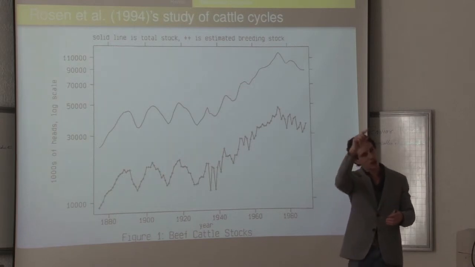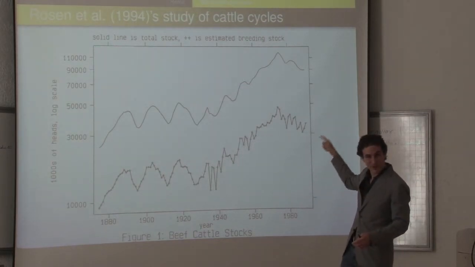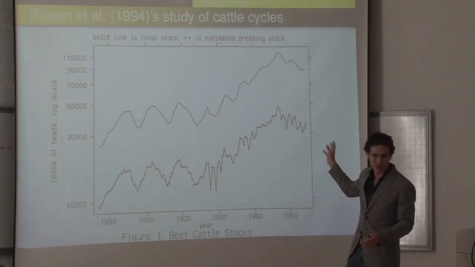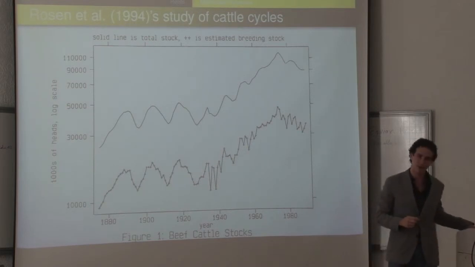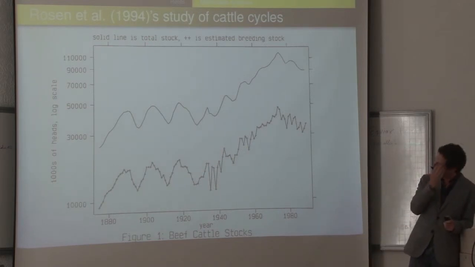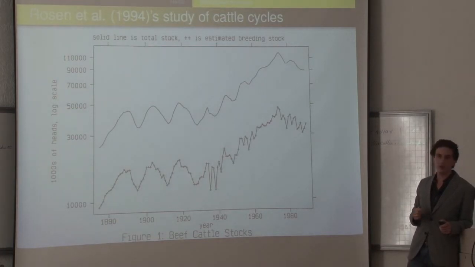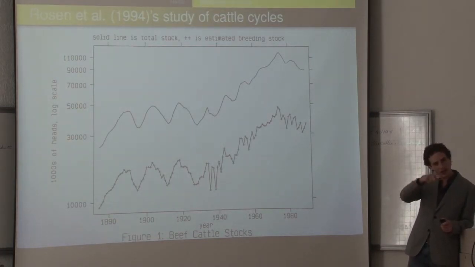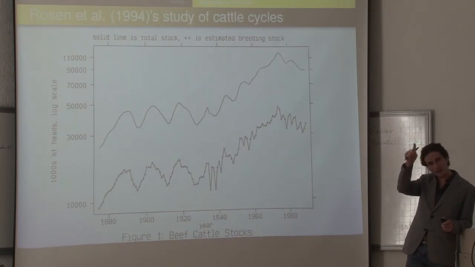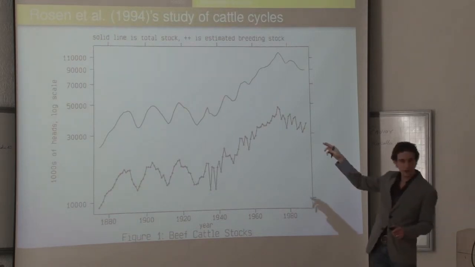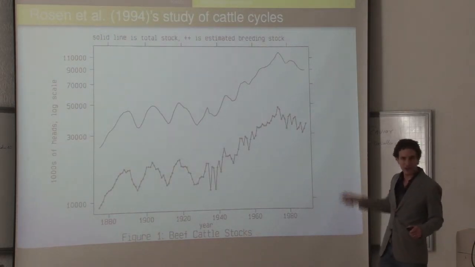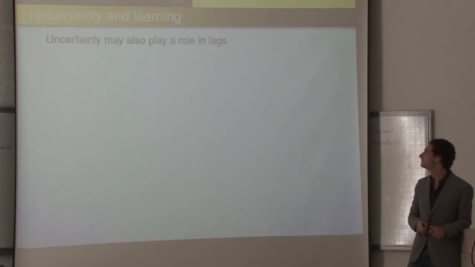So even just one shock can lead to these persistent cycles for years afterwards. And there's this really nice paper by Jose Scheinkman, who's my advisor, Kevin Murphy, and Sherwin Rosen, which documents that just from the little fluctuation temporarily in demand, you can get for years afterwards these cycles of cattle production.